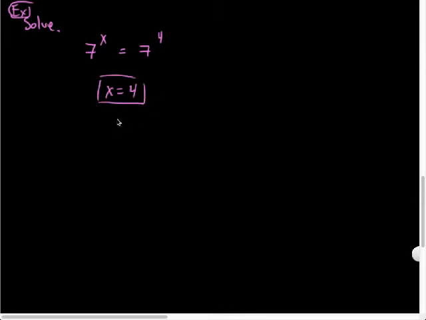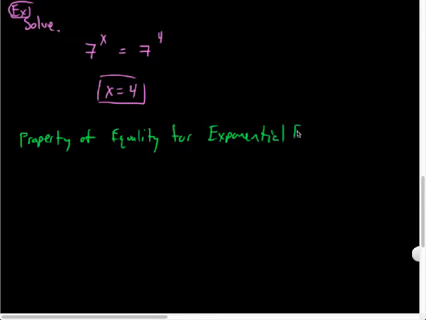And it turns out there's a property that allows us to do that, and that is called the property of equality for exponential functions. All right, and essentially what it says is the following.